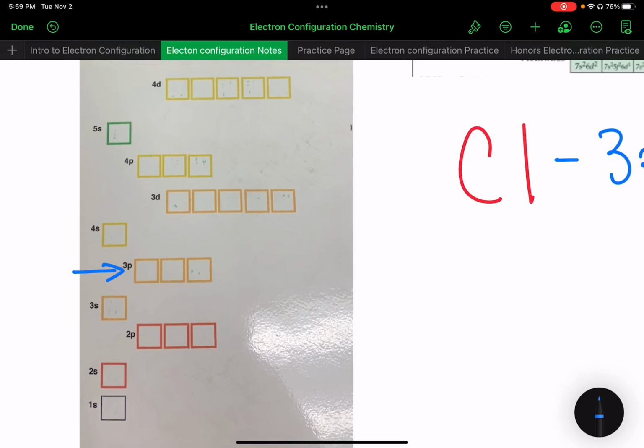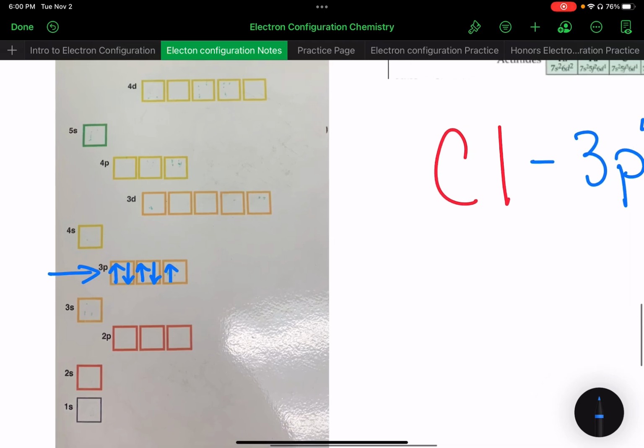Here's the 3P. Now I need 5 arrows. 1, 2, 3, 4, 5. So again, I've filled each room first. That's Hund's rule. Then I paired based on Pauli's exclusion principle.